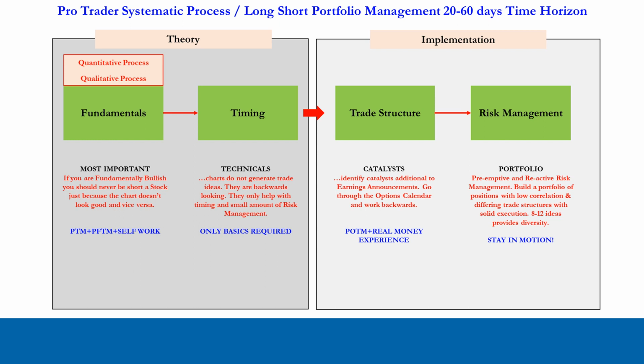That's very, very important. That's also a thing that retail traders get very, very wrong. Professional traders will only take options positions if it makes sense to do so. We don't take options positions just because the options exist. We only do it if it makes sense to do so.